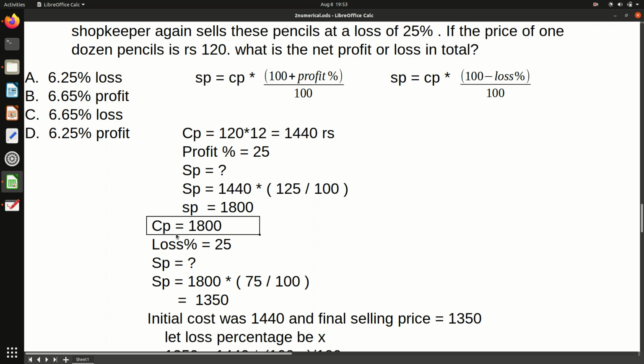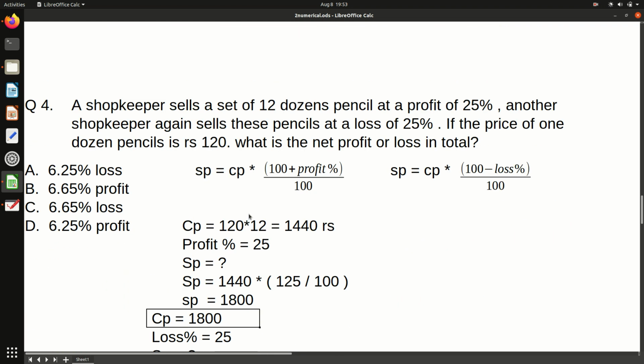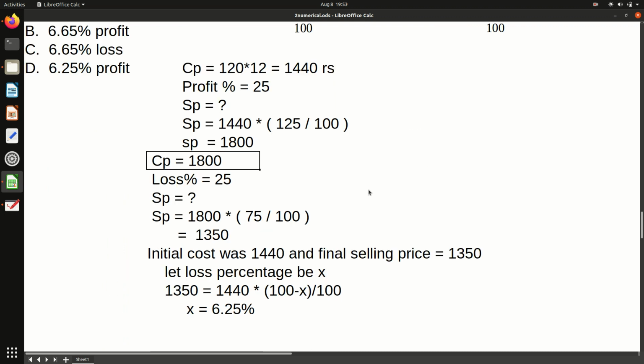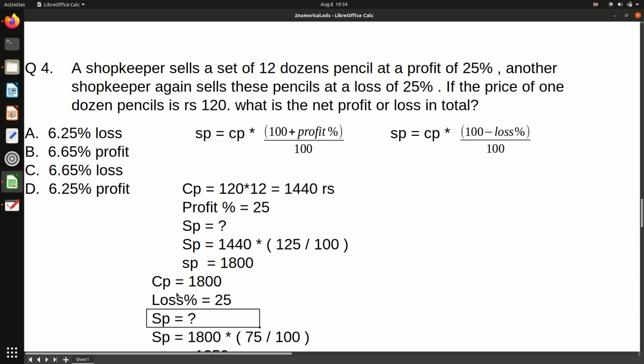So now we will solve for the second one. The second shopkeeper bought it for 1800 and sold it at a loss of 25%. So for the second shopkeeper, loss will be 25% and CP is 1800, and we have to calculate SP. Both are given, and since it is loss, we will use this formula.